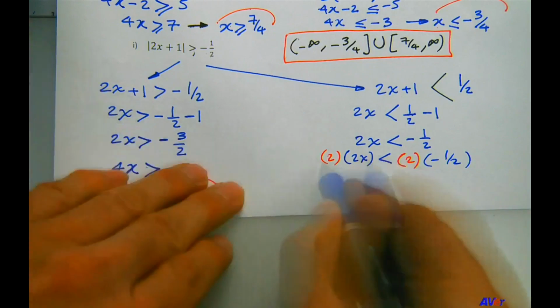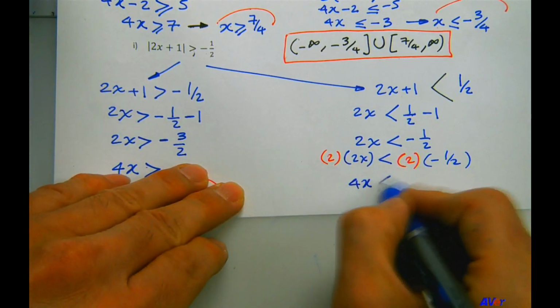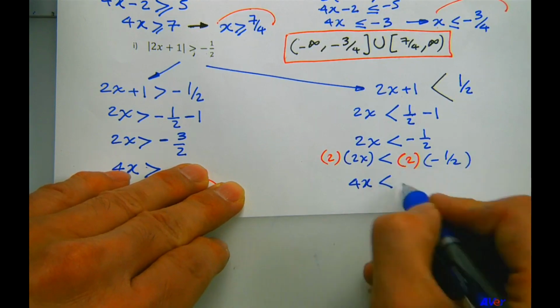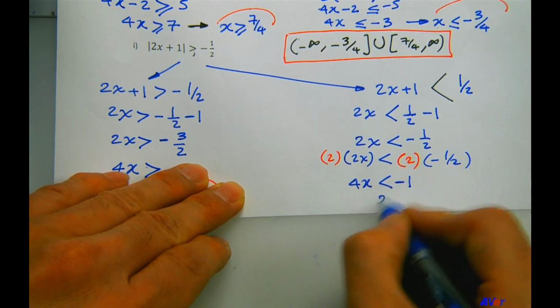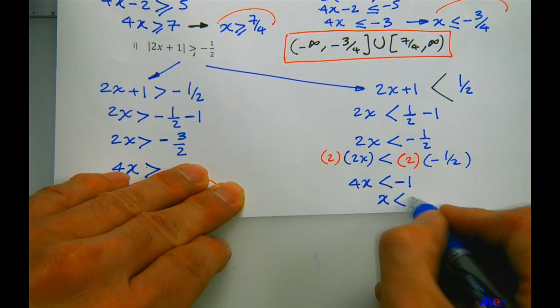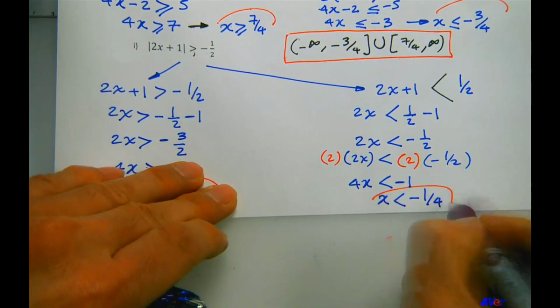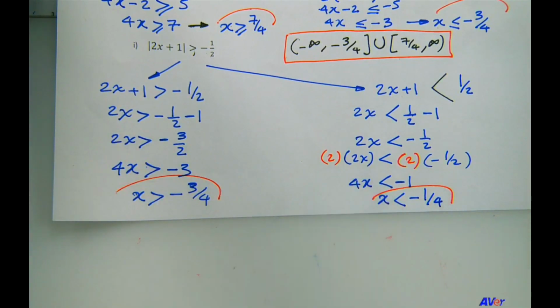So now 2 times 2x is 4x, less than 2 times minus 1/2. This 2 and this 2 cancel. We get minus 1. So x is less than minus 1/4. Right? To isolate x, we divide both sides by 4. So those are the individual solutions.